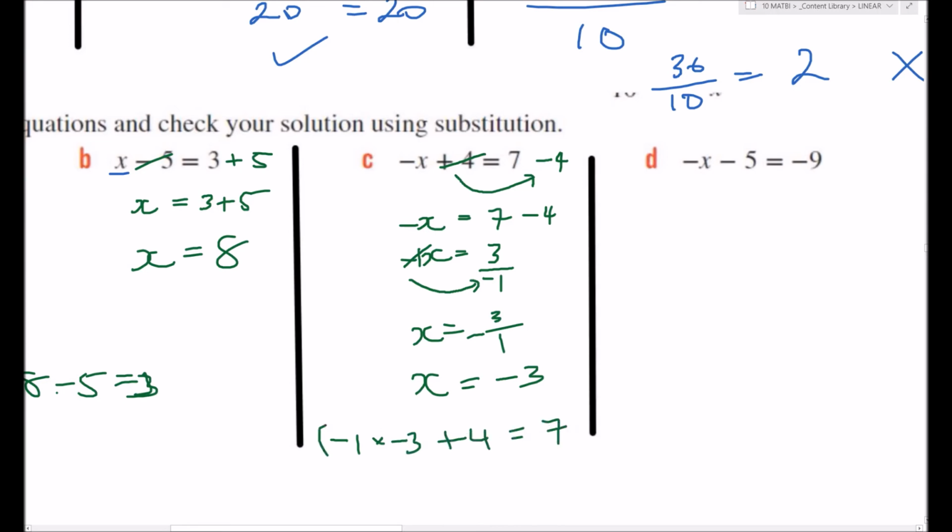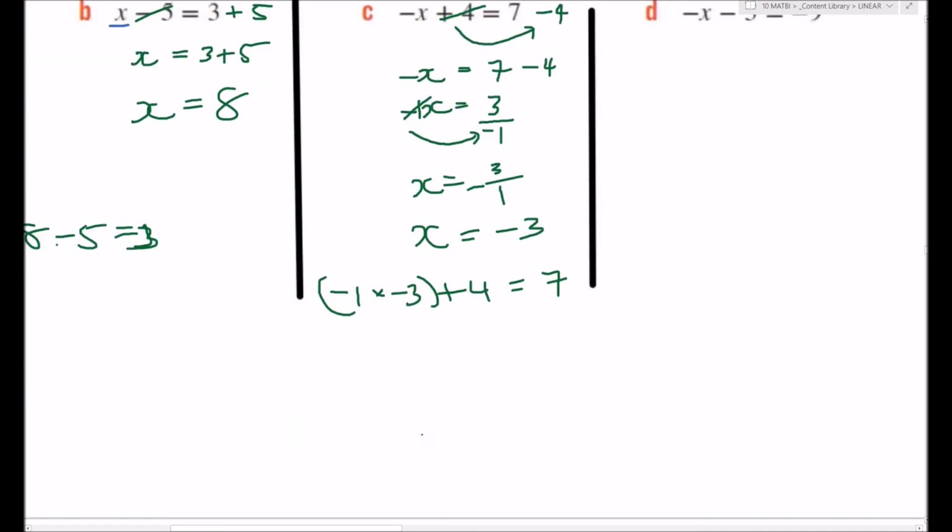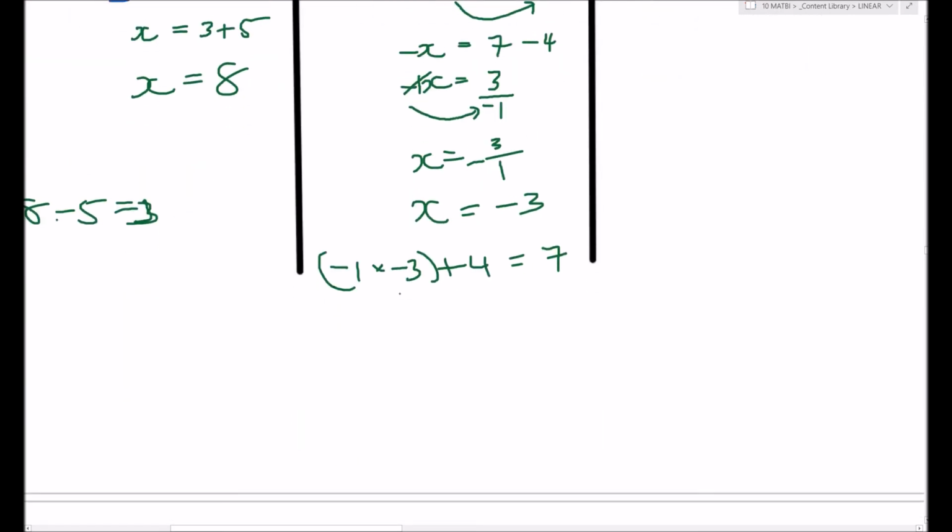Does that make sense? Well, let's see if it works. Negative 1 times negative 3, you're left with 3 plus 4 equals 7, and that indeed makes sense. So x must be negative 3.